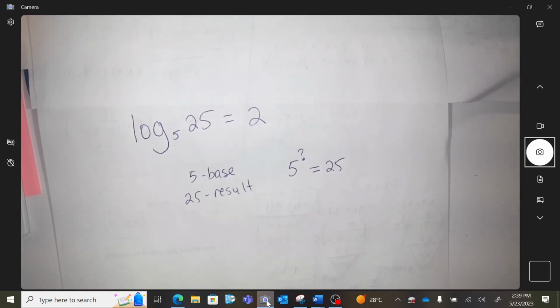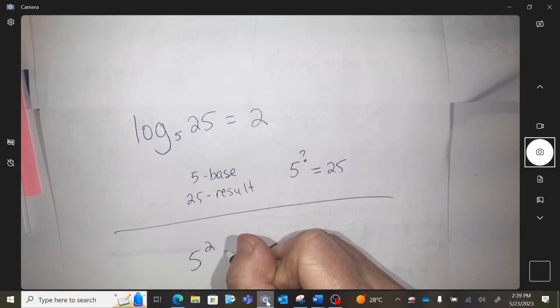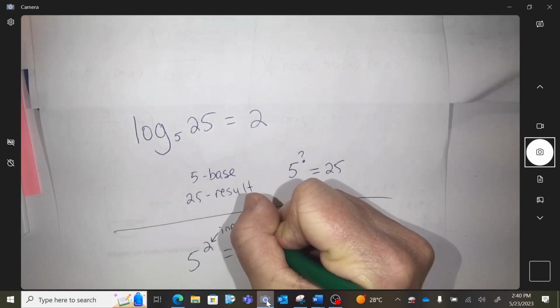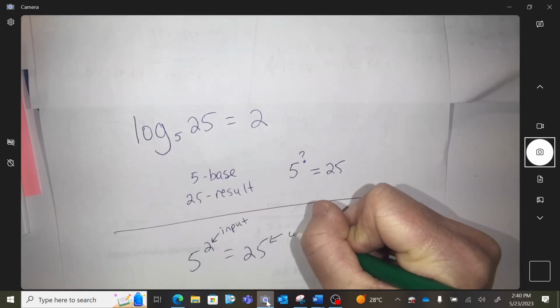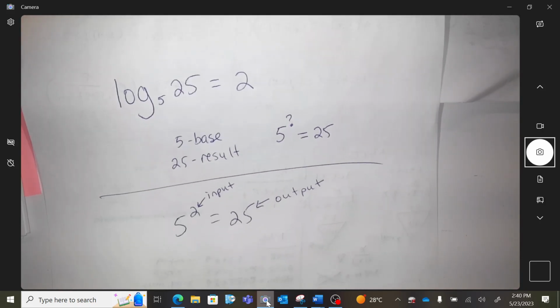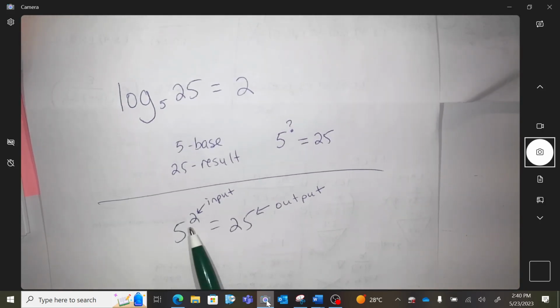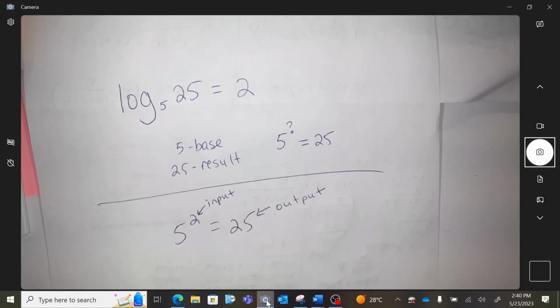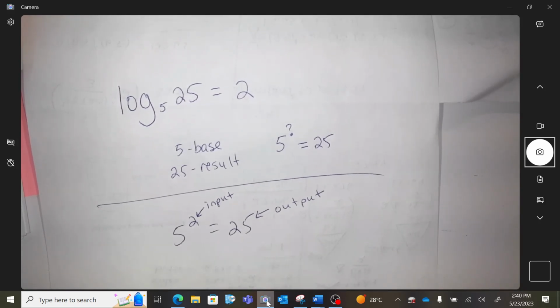Okay, versus exponential people would do this. This would be considered the input, and this would be considered the output. Okay, input, I'm inputting a 2 and I get out a 25. Versus logs, this is what happens.